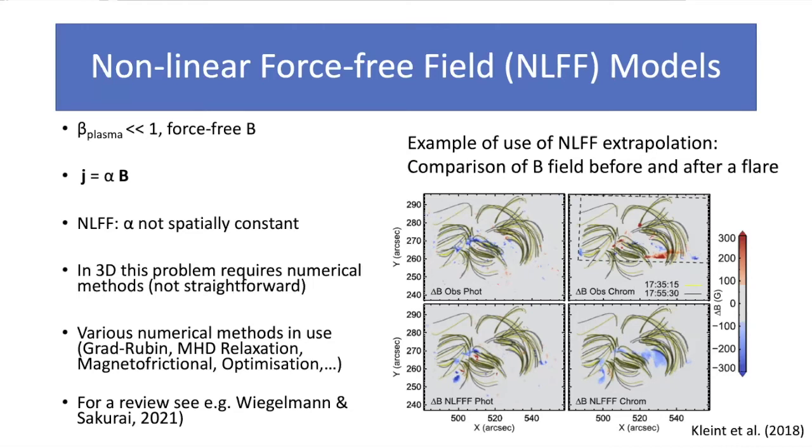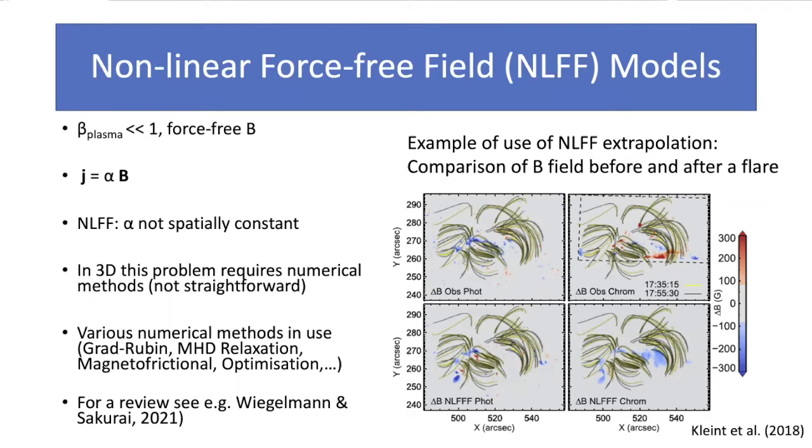And if you do this in 3D, then you usually require numerical methods to do this. And that's not straightforward. And many different methods have been used and proposed. So Grad-Rubin in the UK, for example, maybe not exclusively, but Stéphane Régnier in Northumbria has worked on the Grad-Rubin method for a long time.